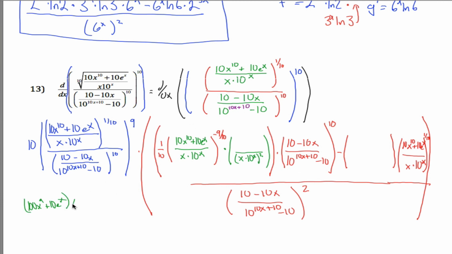G is the bottom, x times 10 raised up to the x, minus g prime, the derivative of the bottom. Well, the derivative of the bottom is a product rule. Derivative of x is just 1. So I get 10 to the x plus x, well, plus 10 to the x natural log of 10. Shoot, out of room.